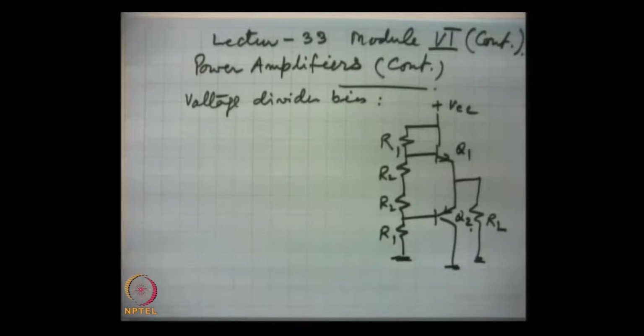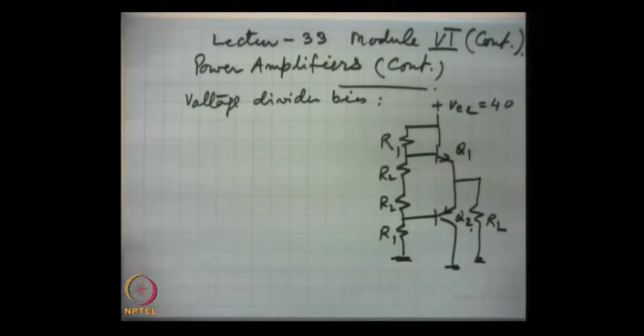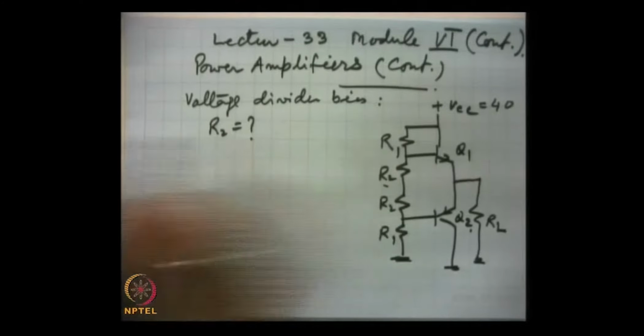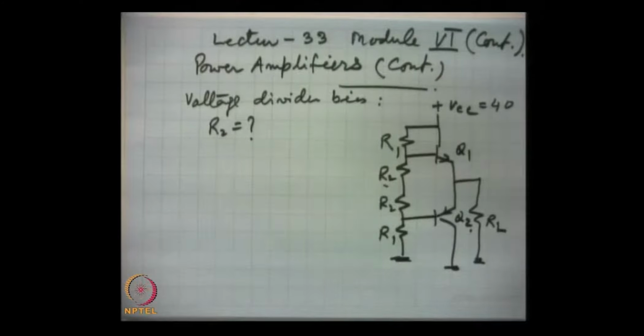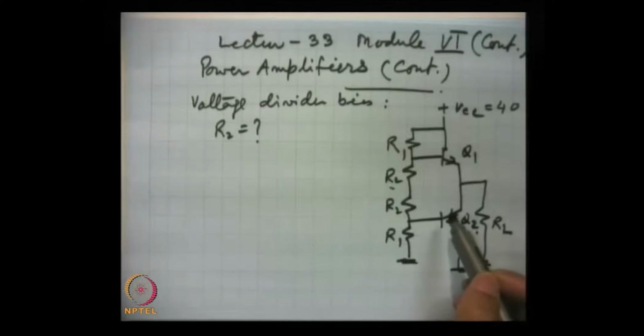This is the voltage divider bias. Let us take that this V_CC is 40 volts. I am taking an illustrative example of how to calculate the value of this resistance R2 to provide 0.7 volts, which will be sufficient to keep these transistors Q1 and Q2 in a ready to conduct state, so that they start conducting the moment that input signal is available.